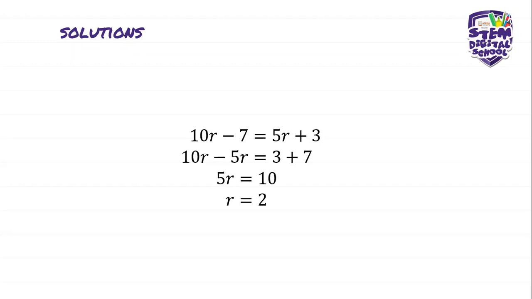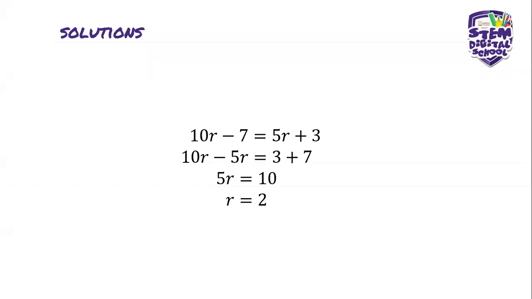We are now going to group the like terms, and as I've said, if you look at 10r on the left-hand side and 5r on the right-hand side, these are like terms. How do we know that they are like terms? Because of the symbol r. So those are like terms. Once more, -7 and 3, they too are like terms.